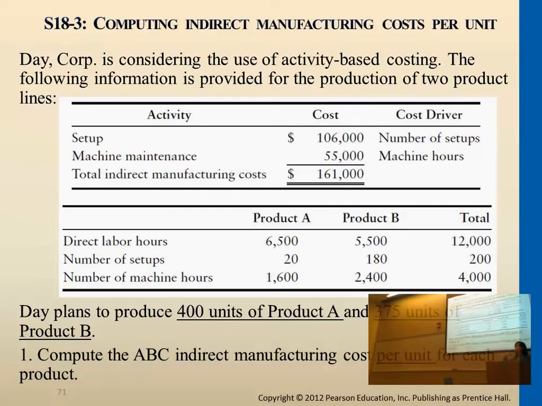This will give us $530, right? So meaning per setup, it will be $530 of cost incurred per setup. So this is the first rate. What about the second one?